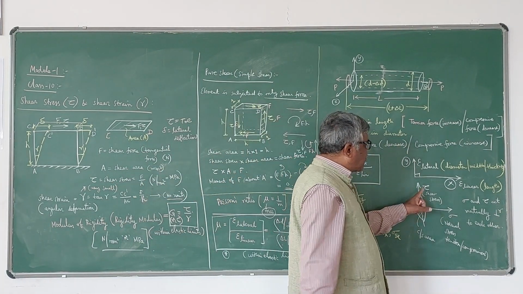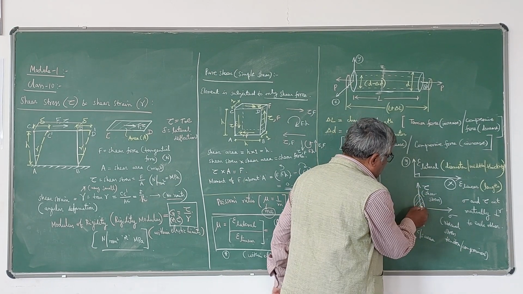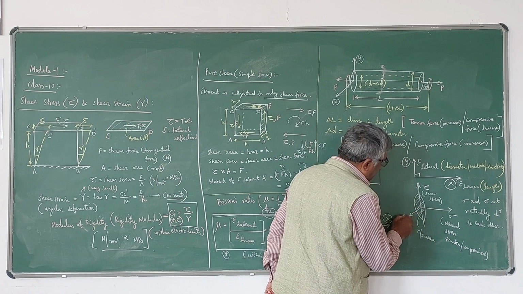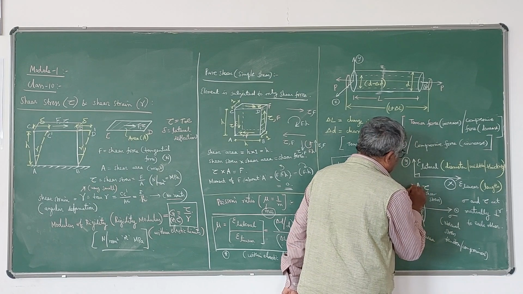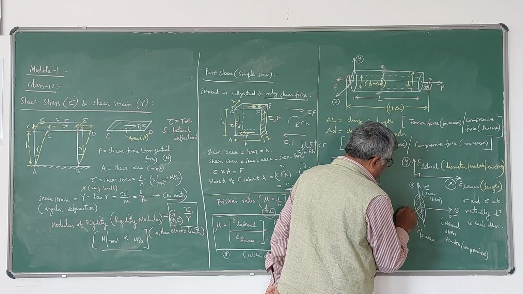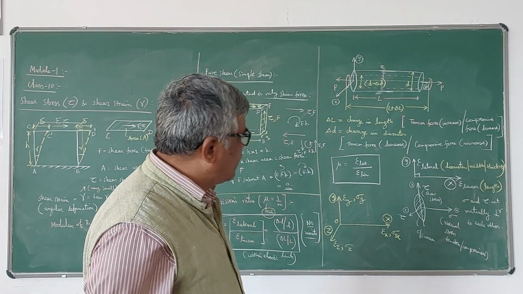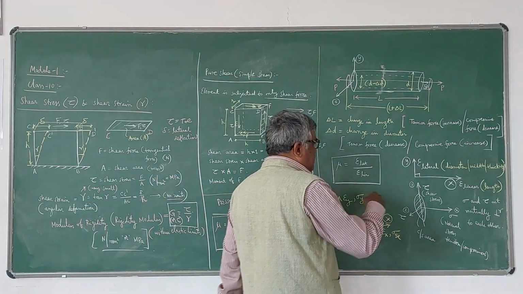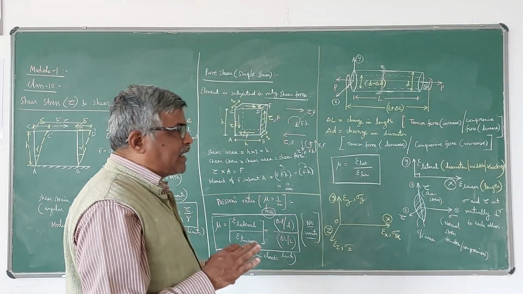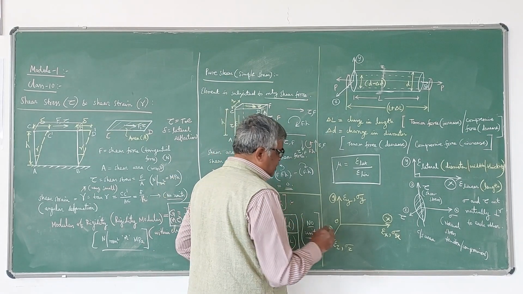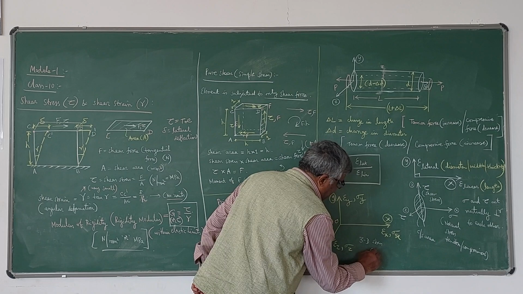Perpendicular to sigma, tau will be there, and in the other directions also you will have tau. So if you take any area, perpendicular to the area there is normal stress, one value, whereas in the other two directions, y and z, you will have the shear stress. Totally it is a three-dimensional stress system, called the 3D stress system.